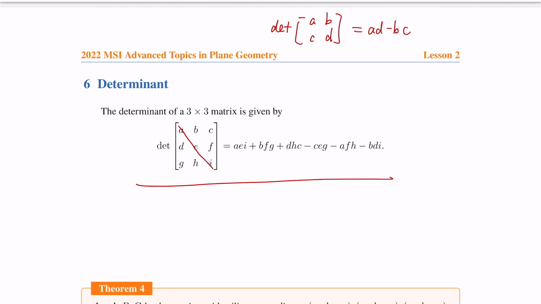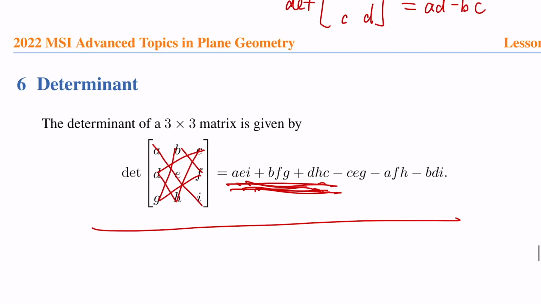I will start with this aei, and then bfg, and then dhc. So each time you pick one entry, and then you pick the second entry which does not share the same row or column with the first one, and then you pick the third. Using this, you are able to find the first 3 positive terms.